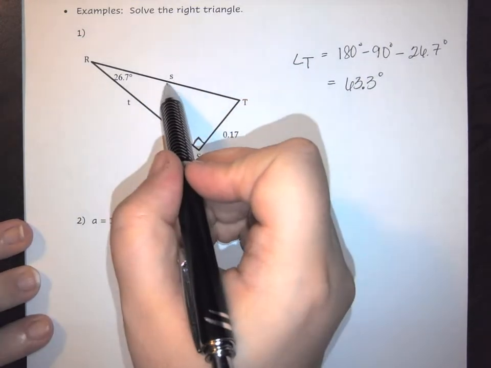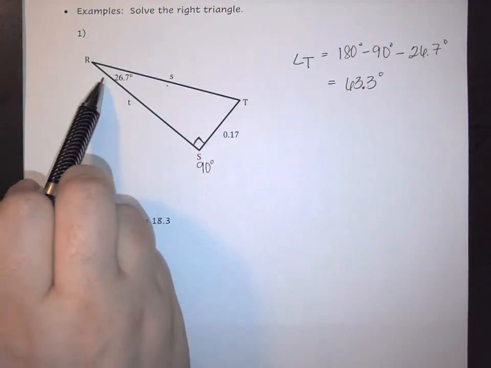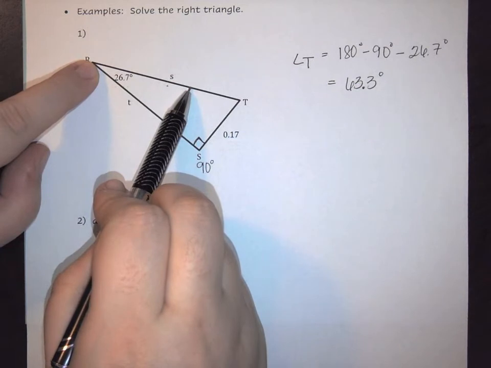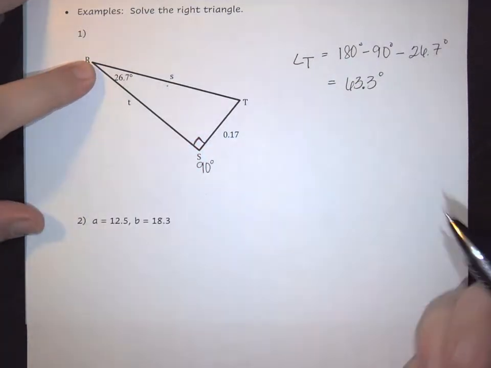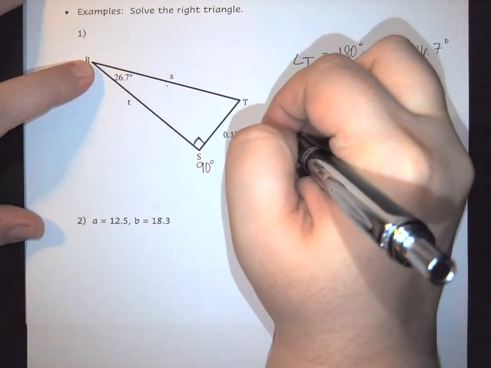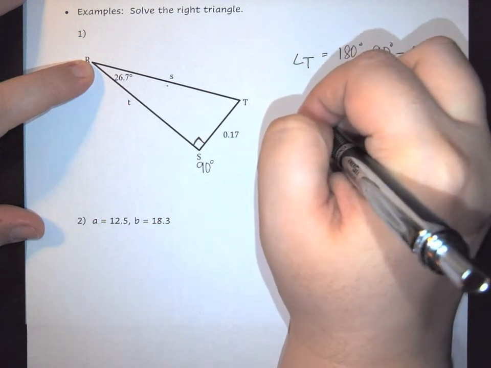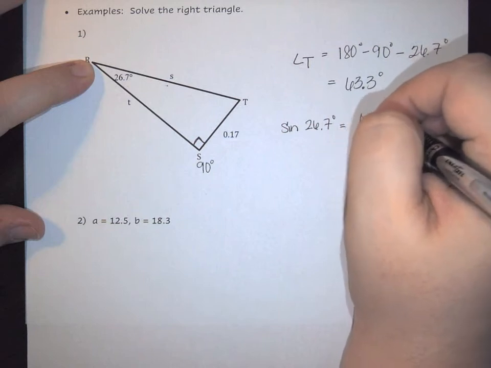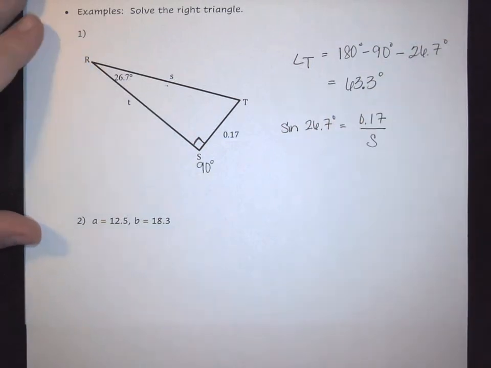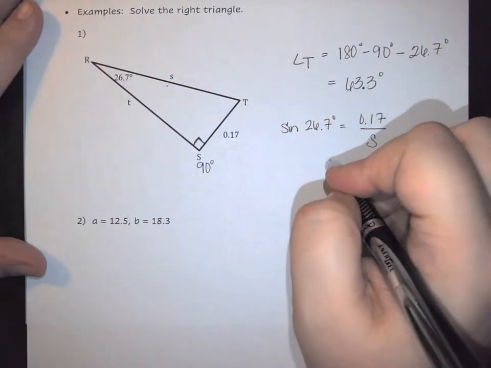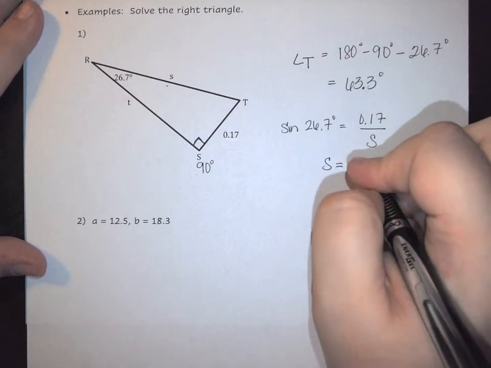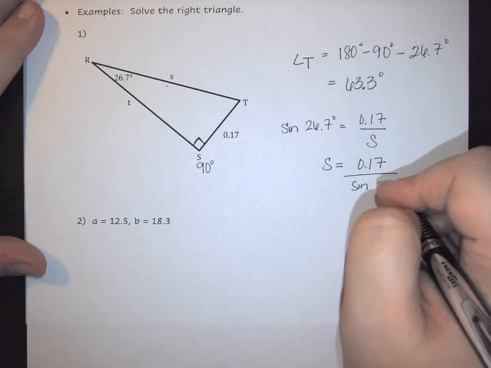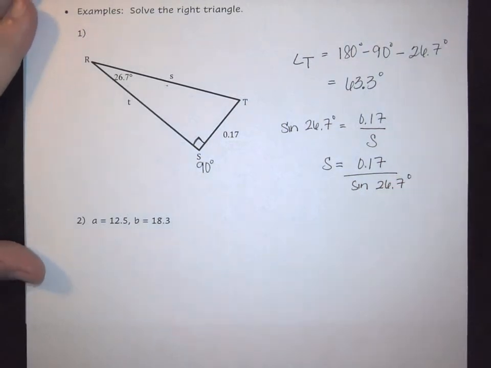So here, in order to find S, we'd use angle R, and S would be opposite over hypotenuse. So in this case, we would have the sine of 26.7 degrees is equal to 0.17 divided by S. So here we would have S equals 0.17 divided by the sine of 26.7 degrees.